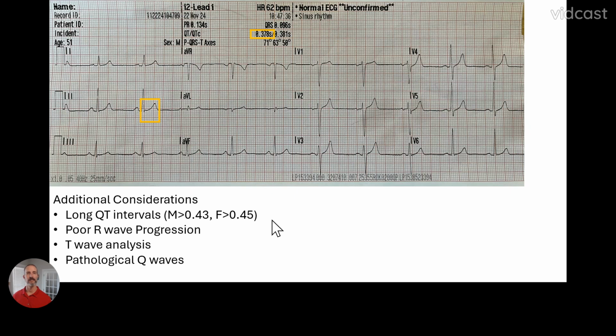If it's greater than that, it's considered a long QT interval. And just based on research, females get a little bit more leeway, so to speak. If a person has a long QT interval, it puts them at increased risk of having a cardiac event. So you have to be careful about certain medications that you administer to those patients.